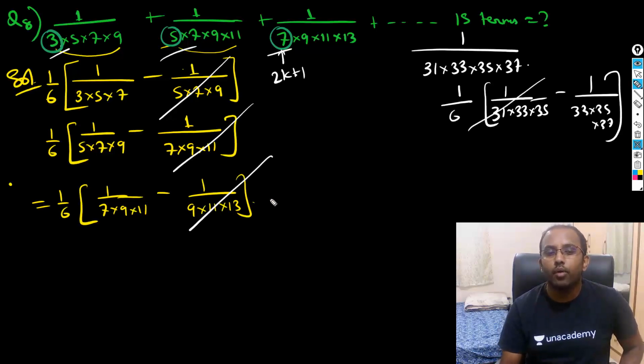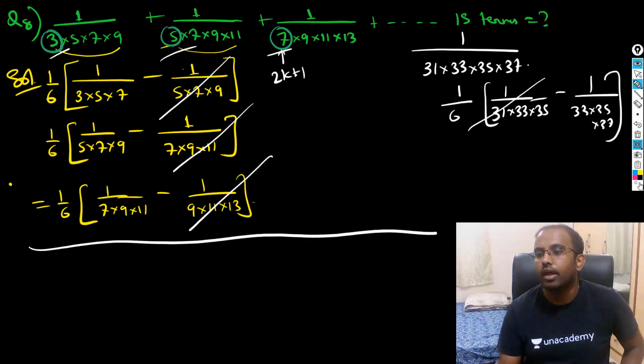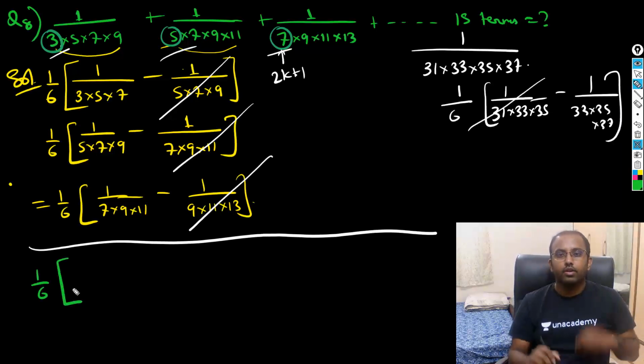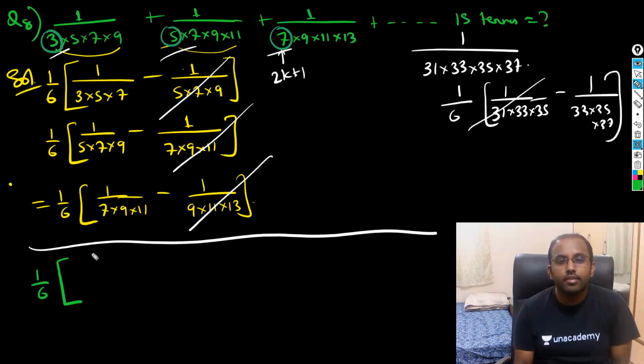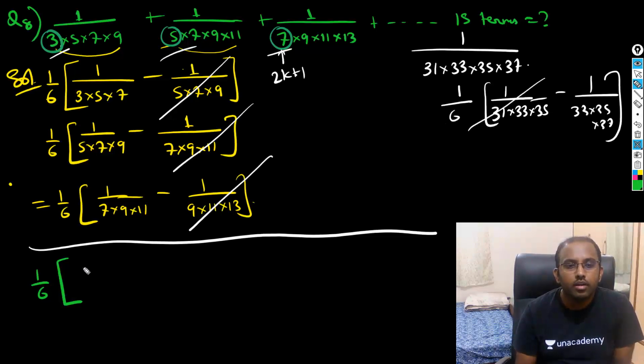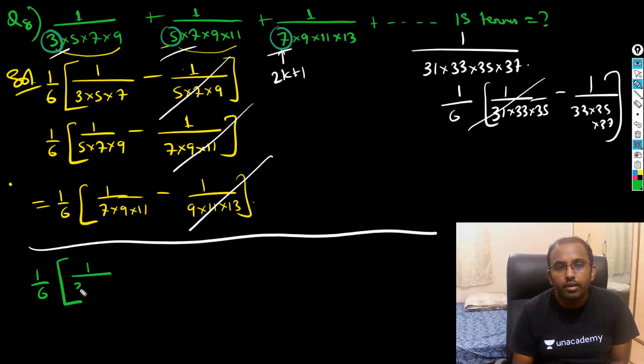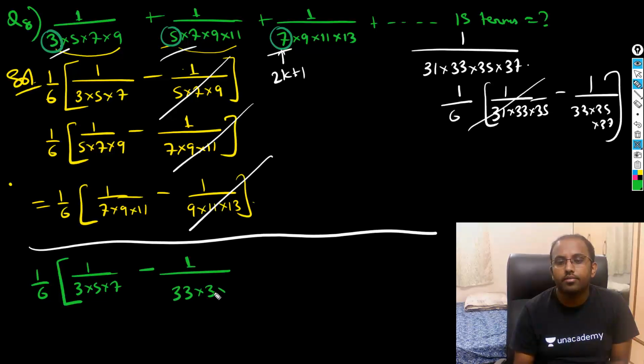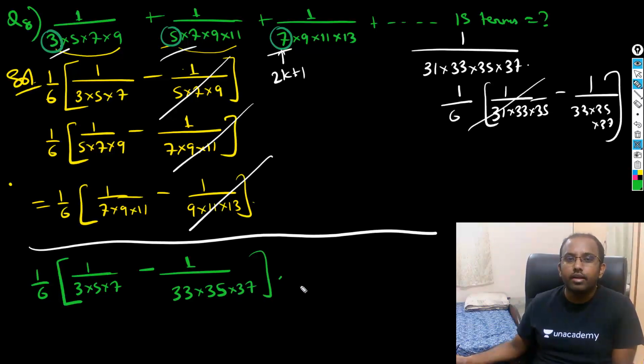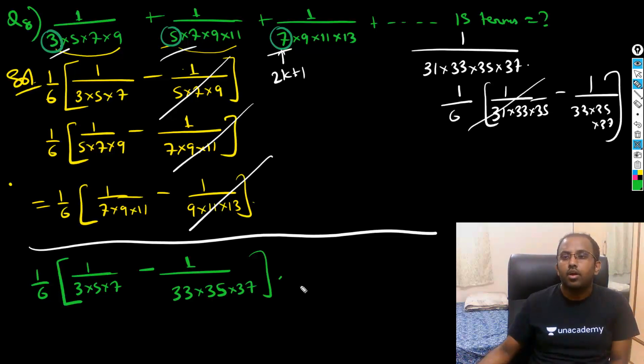Ultimately I'm only left with this part: 1 by 6 into 1 by 3, 5, 7 minus 1 by 33, 35 and 37. So I hope all of you got this, right? That is how to break this kind of questions.